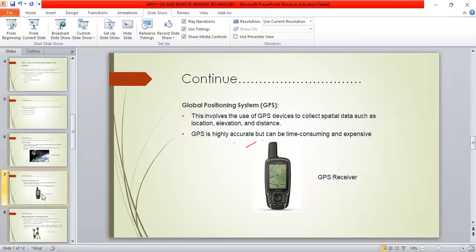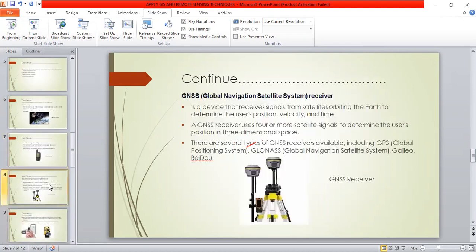That is true. Njeru. We have the global navigation satellite system, the GNSS. That is correct. Then Sharon lastly.